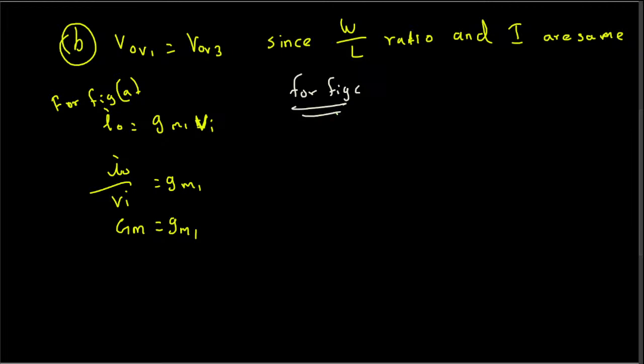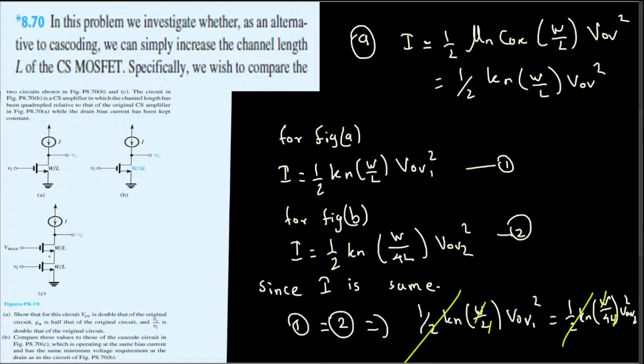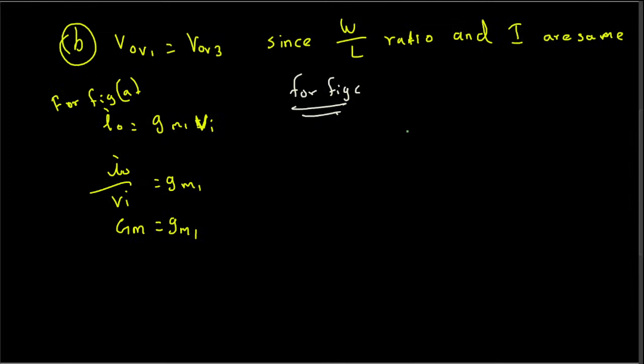In order to do it for figure C, it's better to have a diagram. You can have an equivalent model of this circuit. Here we have two NMOS transistors connected, cascoded. So we can draw the equivalent model. If we draw the equivalent hybrid pi model, it is going to look like this.